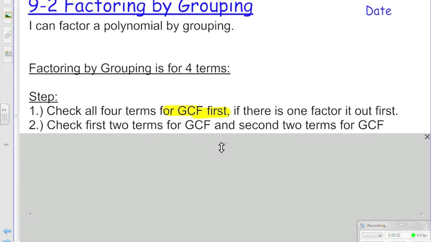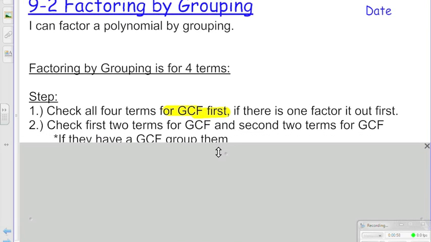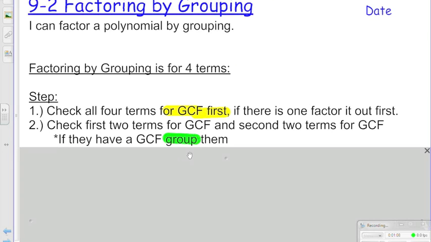Step 2 says to check the first 2 terms for a GCF and the second 2 terms for a GCF. If they have a GCF, then we're going to group them. That's where our term grouping comes in. Factoring by grouping. We group the first 2, and we group the second 2.